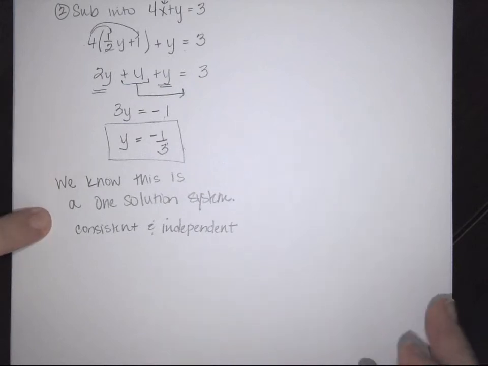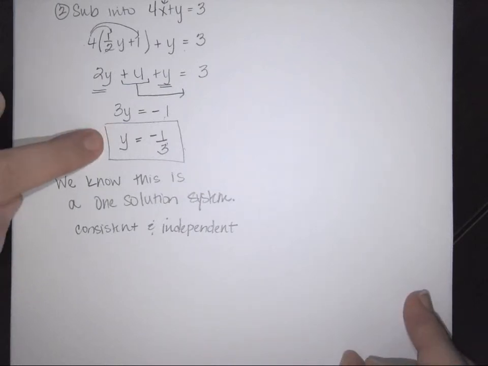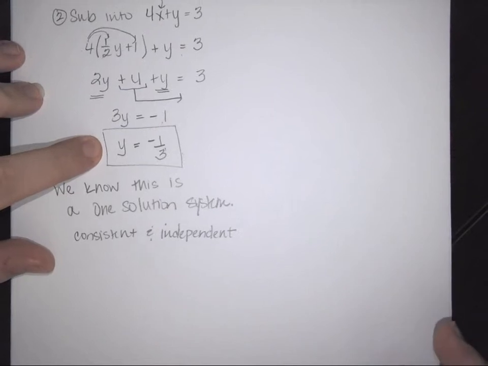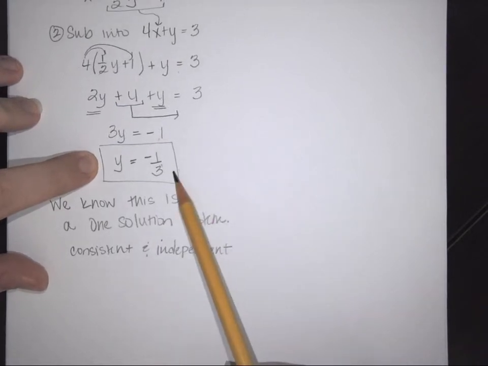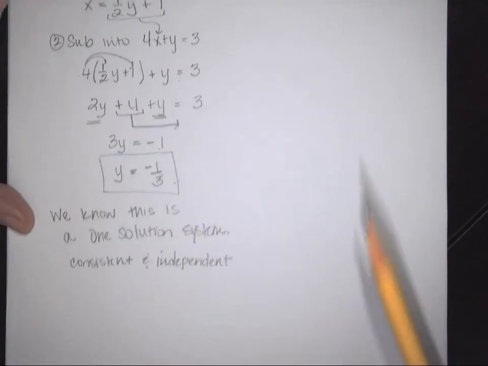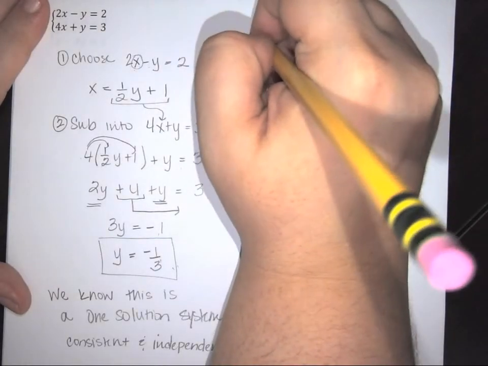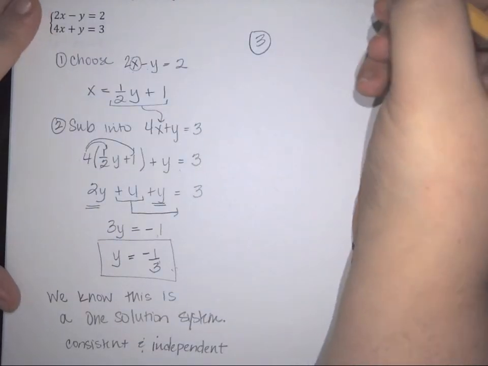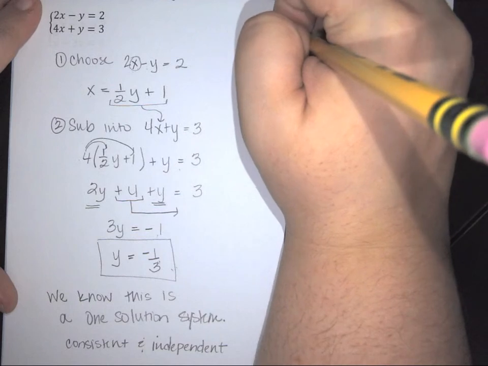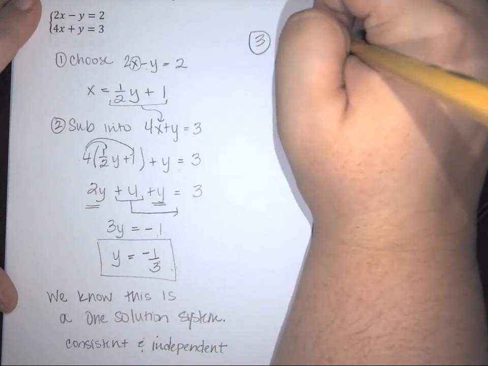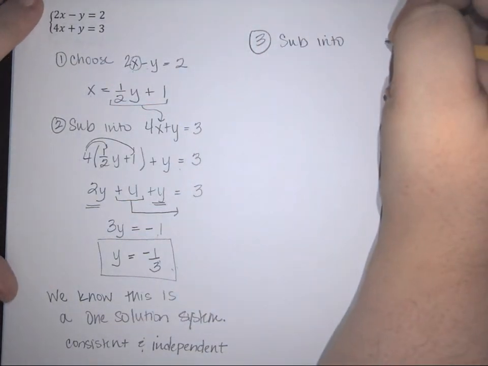Now this doesn't mean that we're done. It just means that we already knew what solution we were looking for. In order to finish, we now have to solve for the other missing variable, which means we have to continue on to step 3, which says we have to take what we just found and we need to sub back into your original first equation.